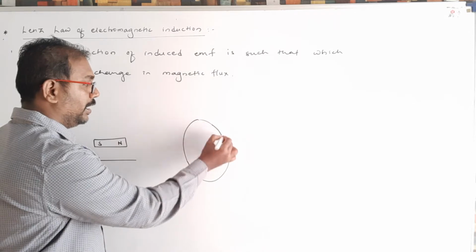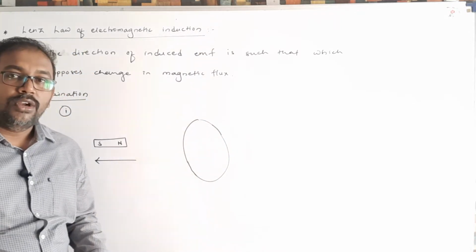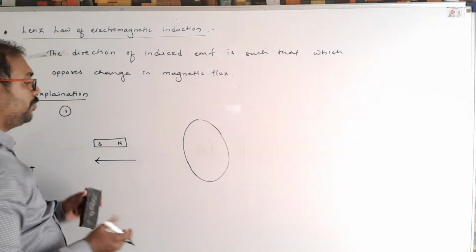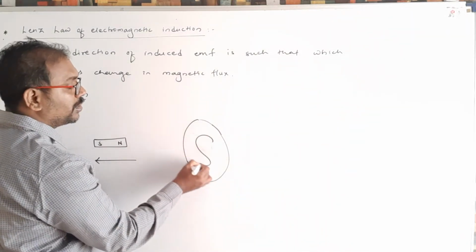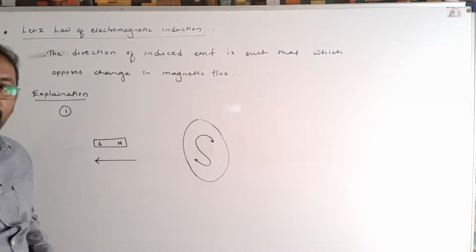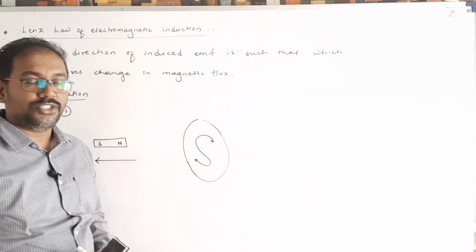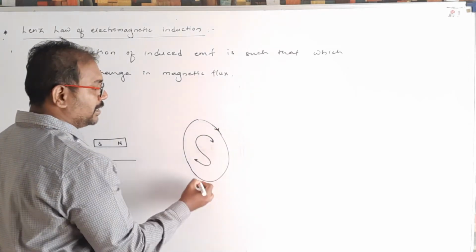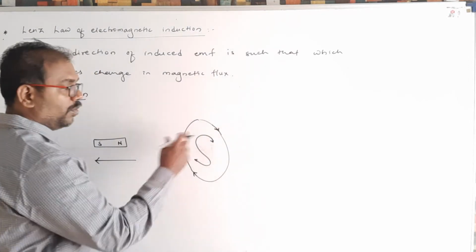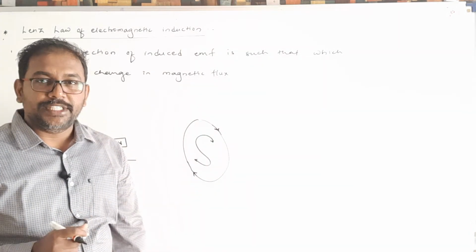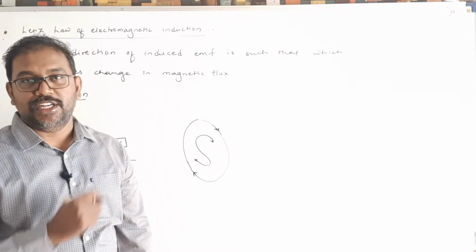Then to oppose this decrease in magnetic flux, an S pole is produced on the face of the coil. Only then is this decrease in the magnetic flux opposed. As an S pole is produced on the face of the coil, the direction is clockwise. So the direction of induced EMF is clockwise.